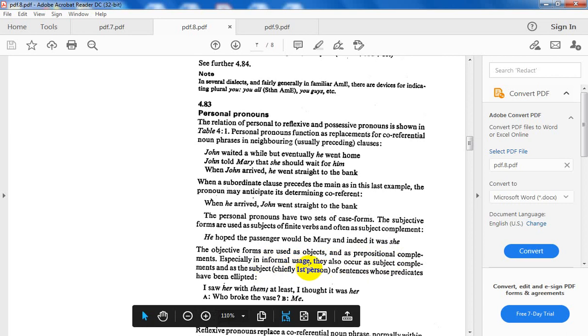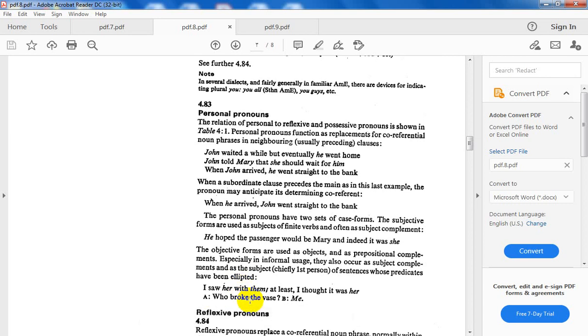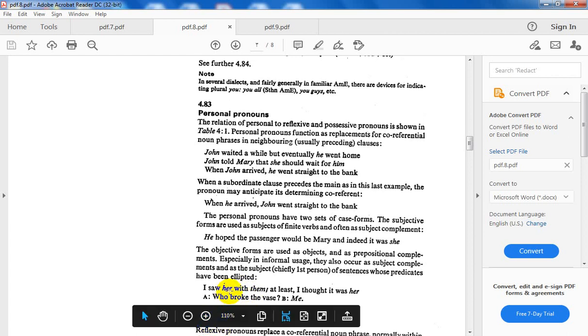Especially in informal usage, they also occur as subject complement. Of course we say it's me who broke the vase. Me is the objective pronoun, but it is informal. It should be it's I. Like for example, I saw her. Her is an objective pronoun, functioning as the direct object.